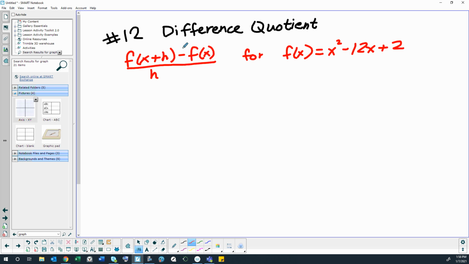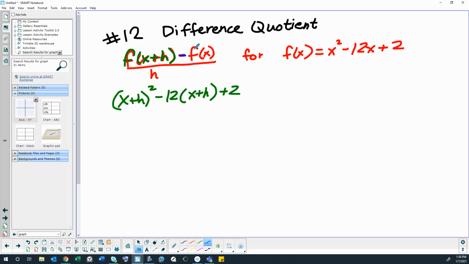This is a formula, a recipe, right? Start by plugging in x plus h in place of the x's. So I'm going to do this part right here first. That means I'm going to take (x plus h) squared minus 12 times (x plus h) plus 2 for that part.